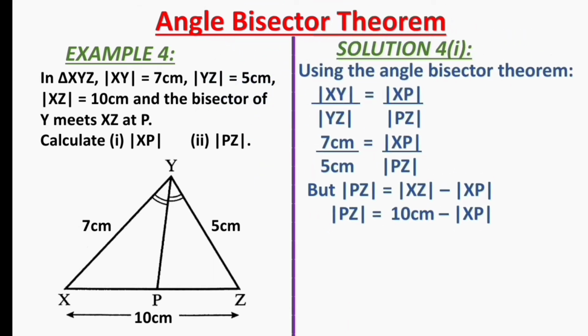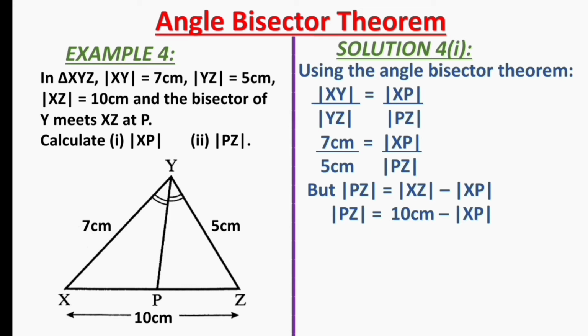Now, from the diagram, using the angle bisector theorem, we have these equal ratios. The ratio of the lengths from XY to YZ should be equal to the ratio of the lengths from XP to PZ. Substituting your values, we are going to have 7 centimeters divided by 5 centimeters should be equal to the ratio of the length from XP to PZ.